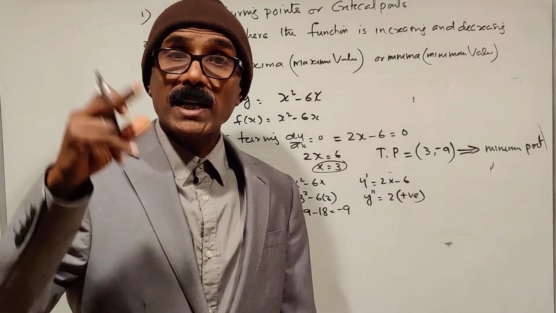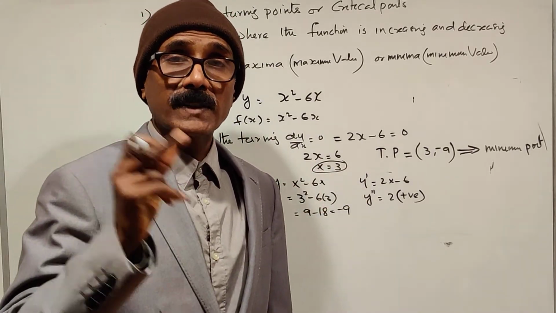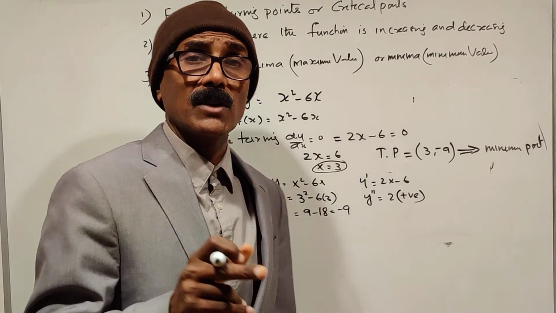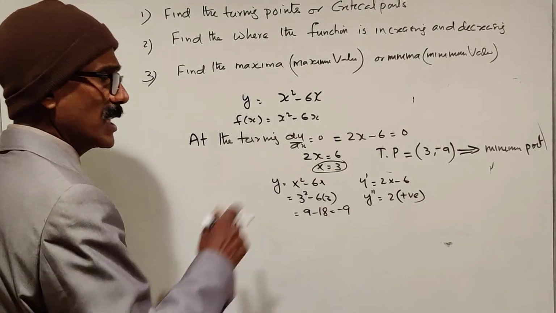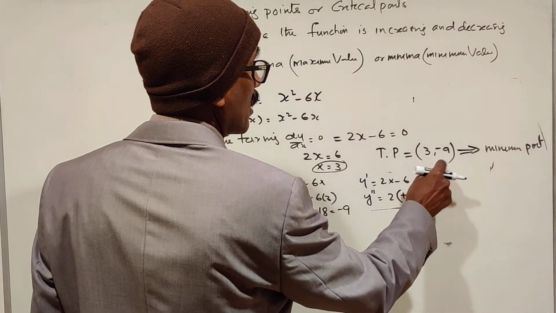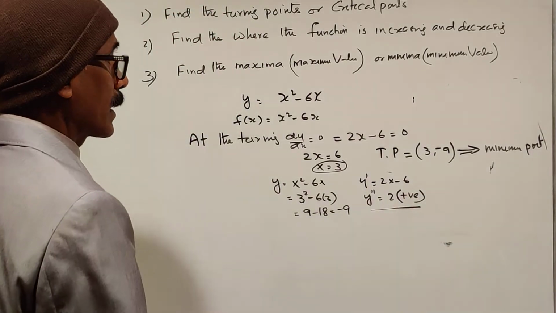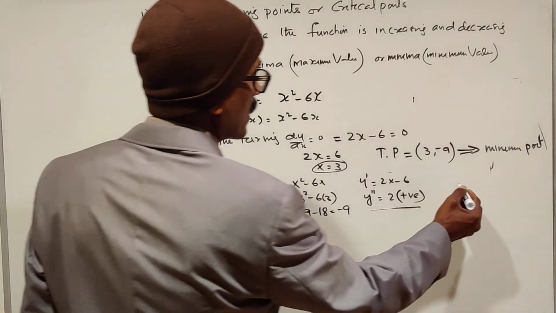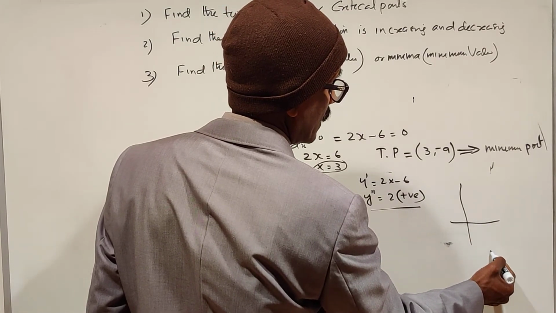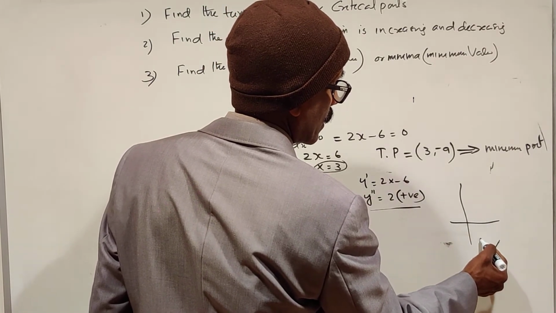Then for a maximum point, the second derivative is negative. For a minimum point, the second derivative is positive. So just apply that. See, the second derivative is positive, so this one is the minimum point. So the graph is like this, where is 3, minus 9? 3 is here, minus 9 is here. So it's the minimum point.